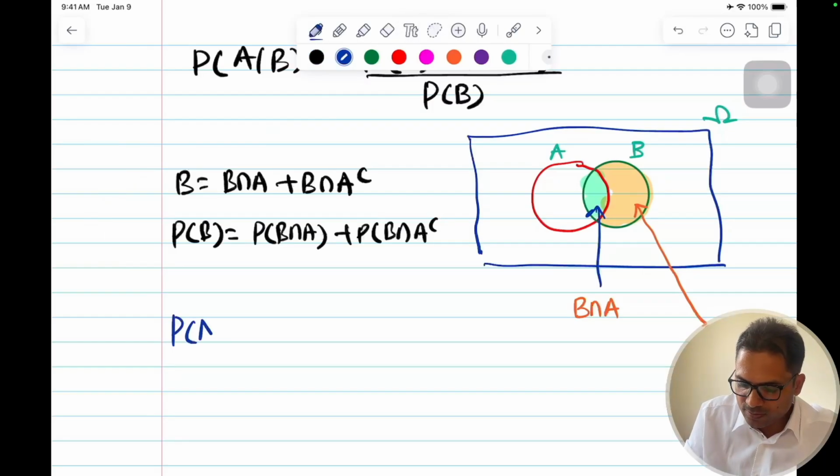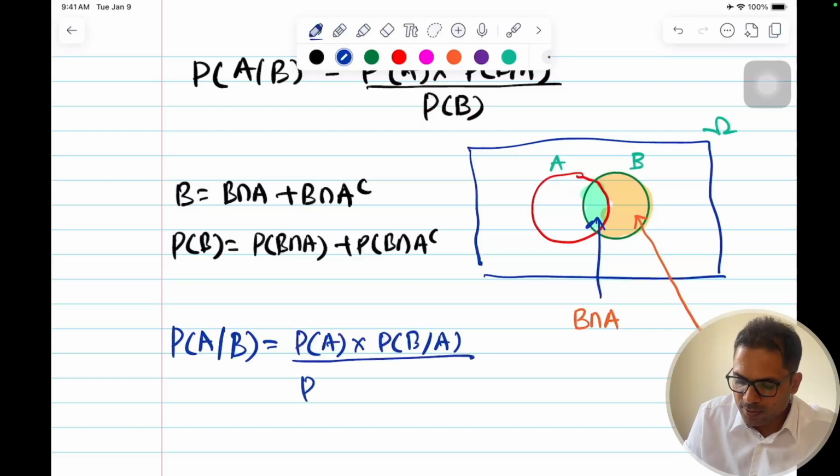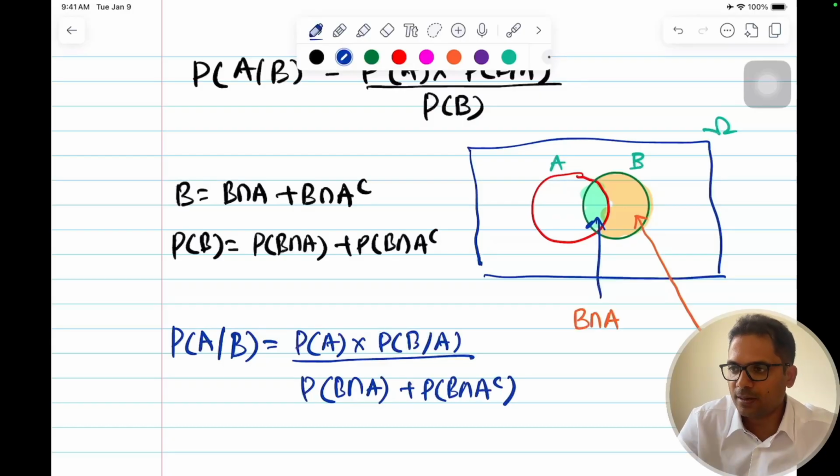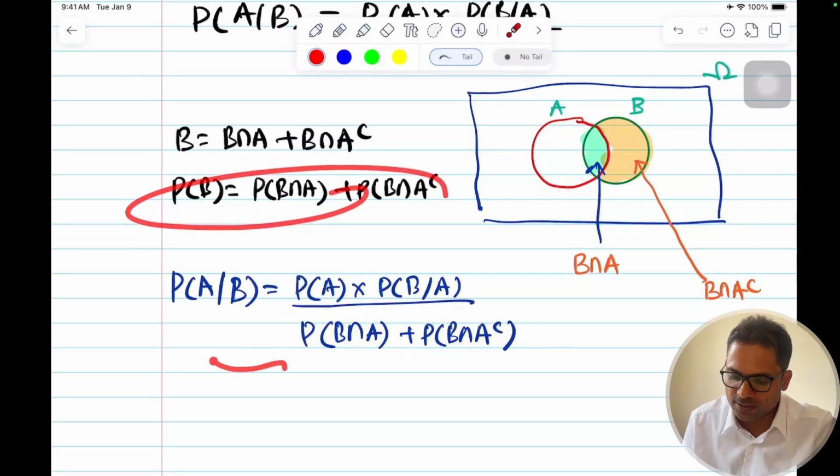The same Bayes theorem becomes probability of A given B is equal to probability of A times probability of B given A, divided by probability of B intersection A plus probability of B intersection A complement. I hope this is clear. We have just replaced B with this.